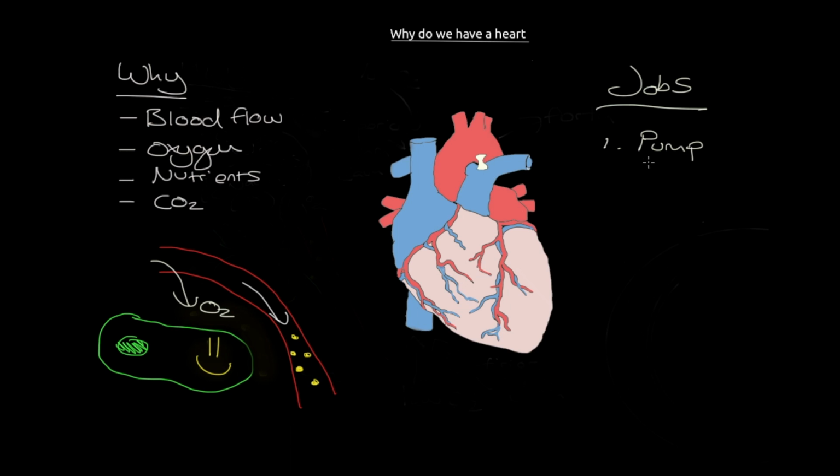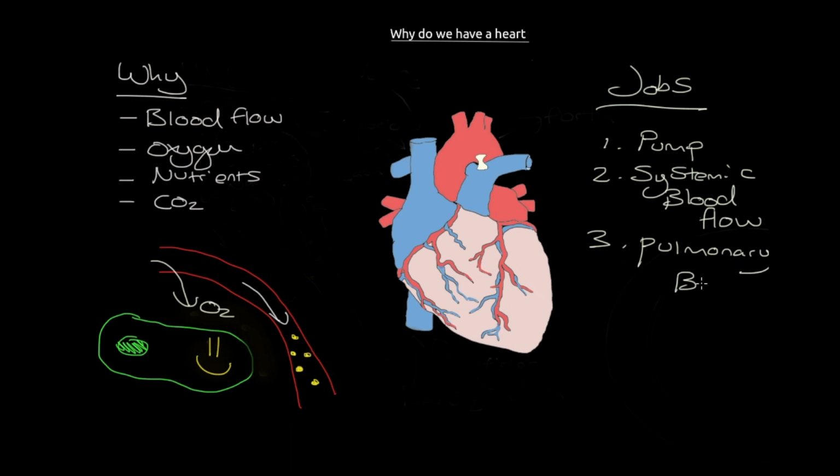And that pump flow we've just discussed is for systemic flow, so giving blood flow to the entire system. That's systemic. The heart also has another part to it, which is pulmonary. It's the blood flow that goes from the heart to the lungs.